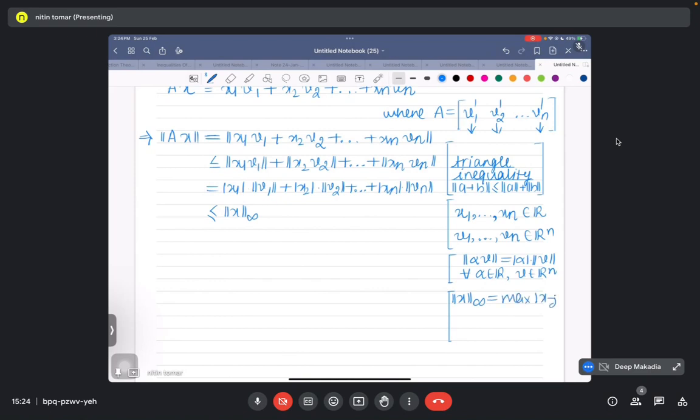Maximum of modulus, right? So x1 will be smaller than this, and the rest of it as it is, correct? Less than or equal to, I have written, then norm x infinity. Then is this step clear?